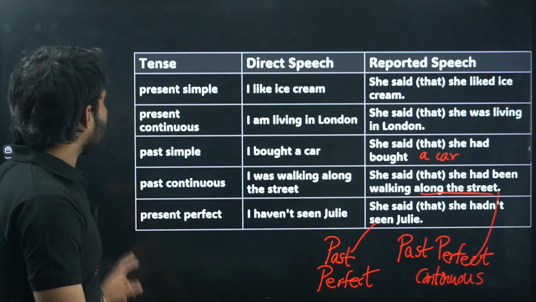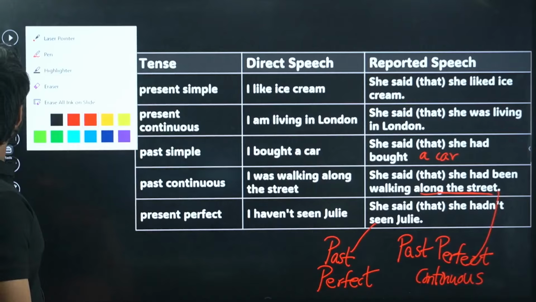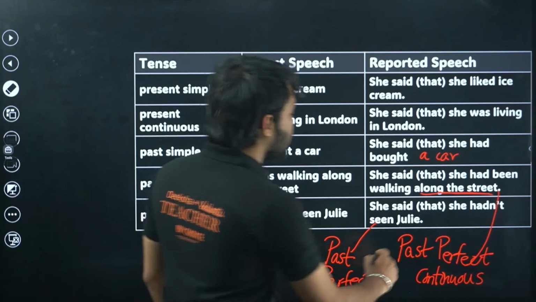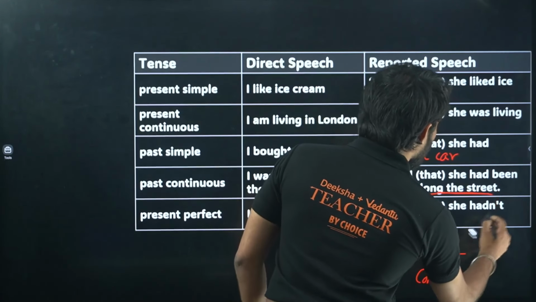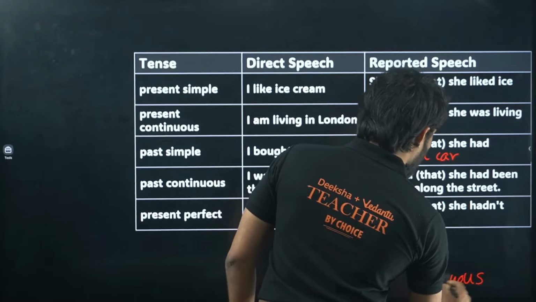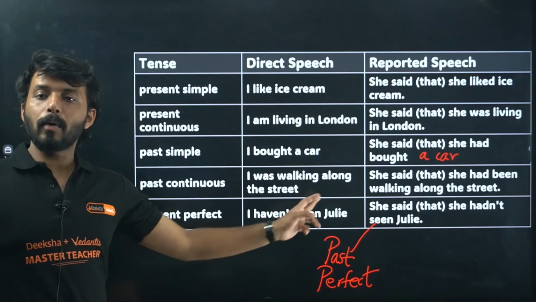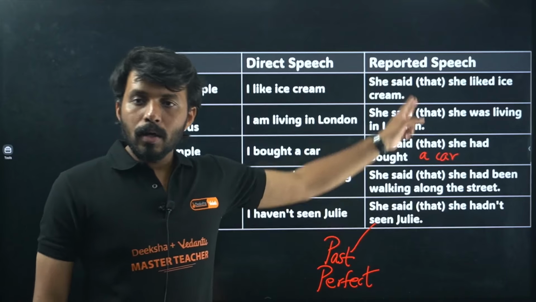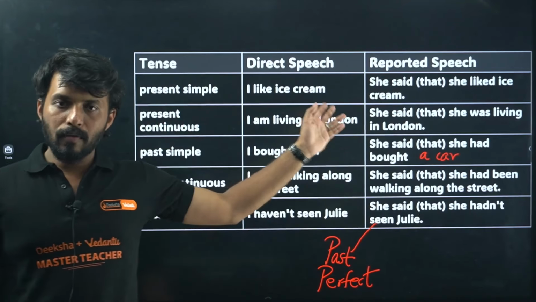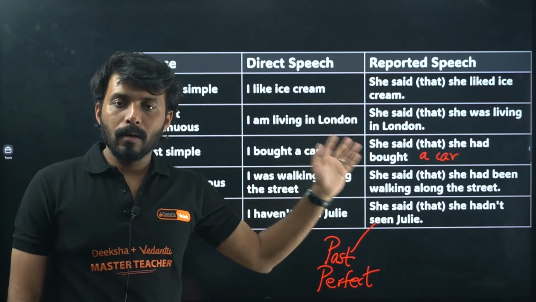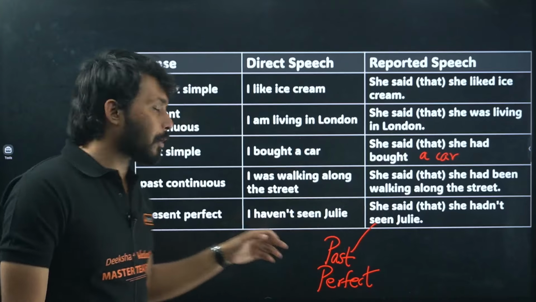If the tense of the sentence is in the present perfect, when reporting it will be in the past perfect. So here you have present perfect, when reporting it becomes past perfect. So remember the first set of tense changes, because we are moving on to the next slide.